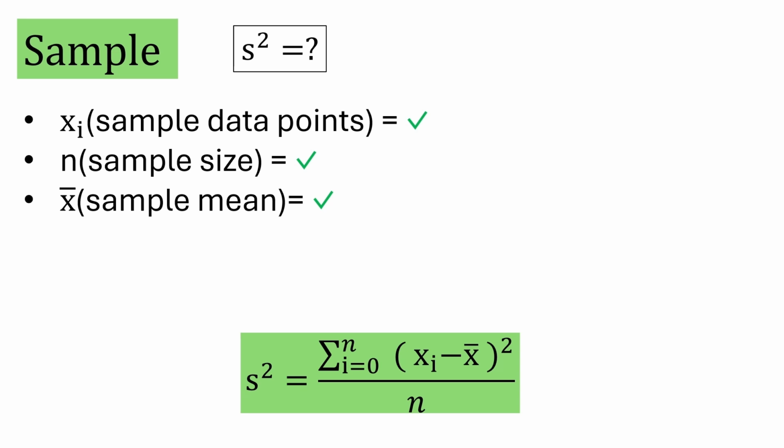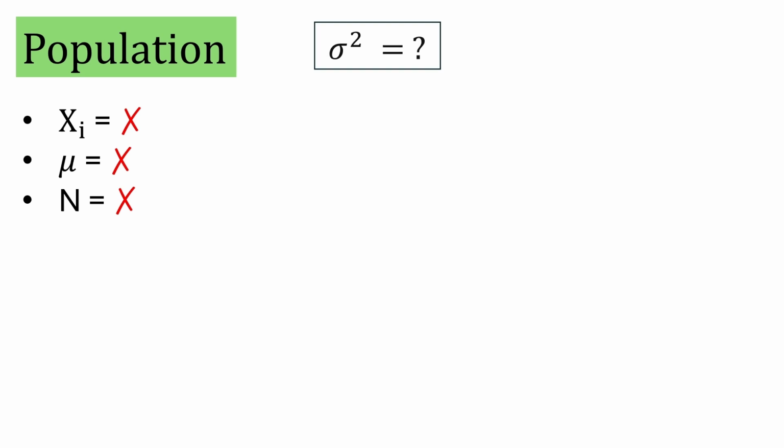But as we have discussed, in most real world cases, we don't have all the population data points. We don't know the true mean, and we also don't know the population size. In this situation, if we want to calculate the population variance, we can't calculate its exact value because the population is not available.